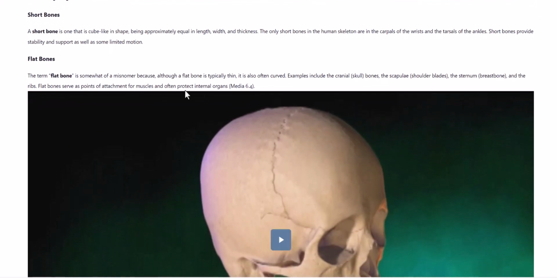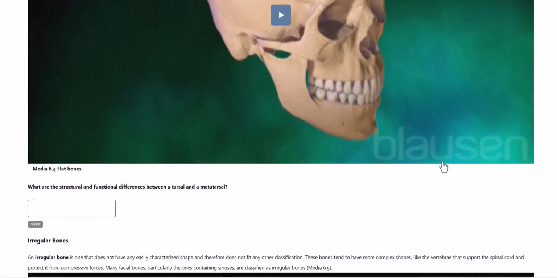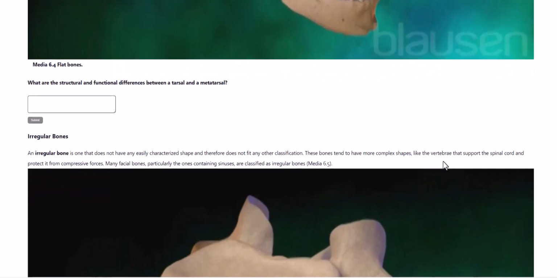Flat bones, like I said, are really not flat like they're lying on a table flat, but they simply are very thin and they can be curved like the ribs or like the frontal bone. Your scapula is also considered a flat bone, as are the sternum and the ribs. Make sure you're watching these videos just to get a visual understanding of these different bones.